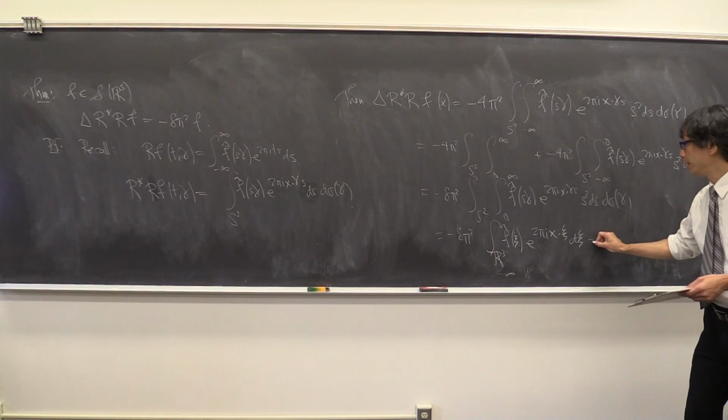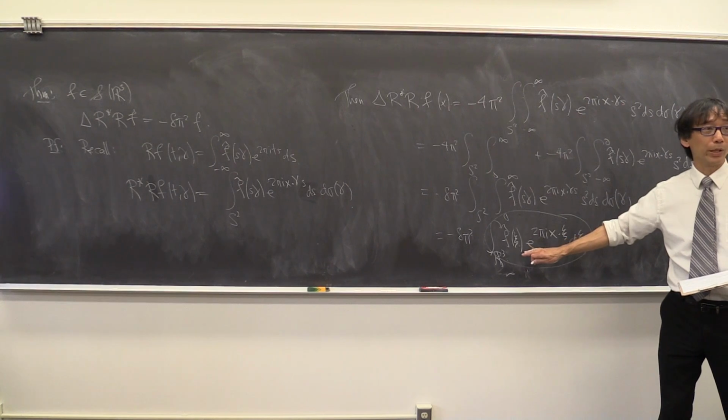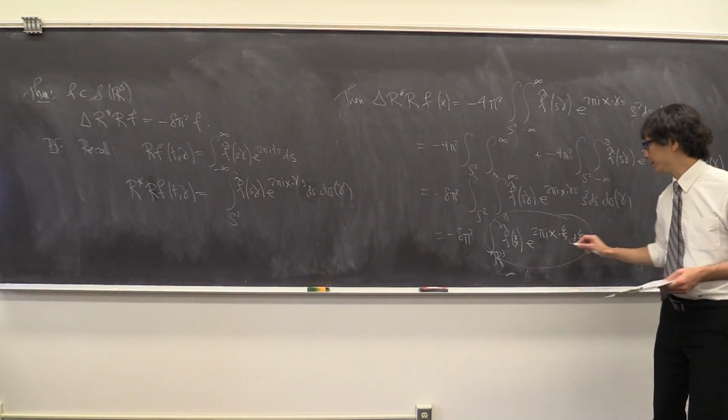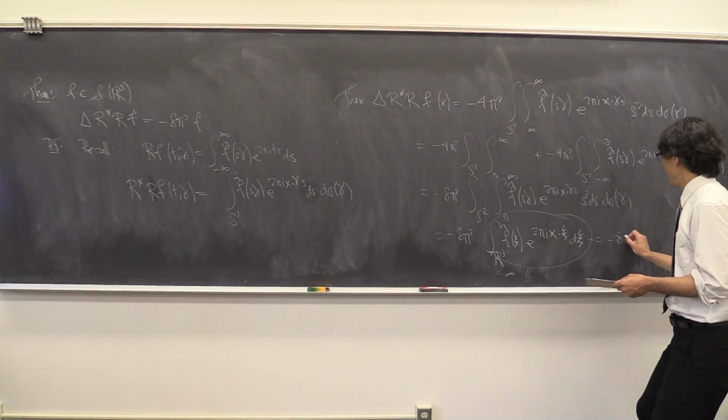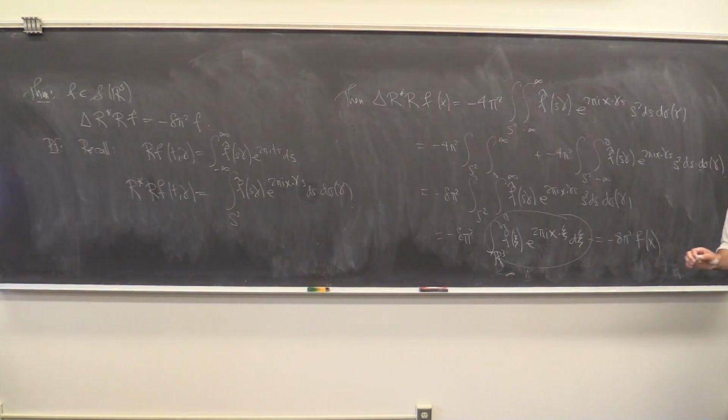Okay, and this of course is the inverse Fourier transform. This is the inversion formula, right? So you end up with negative 8 pi squared f of x as desired. Okay.